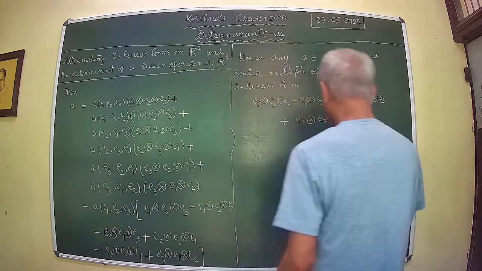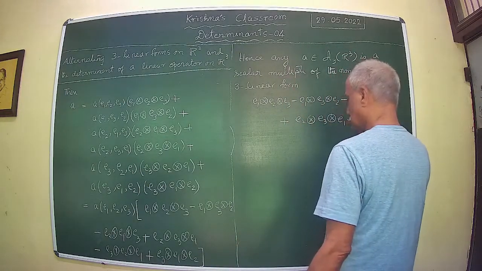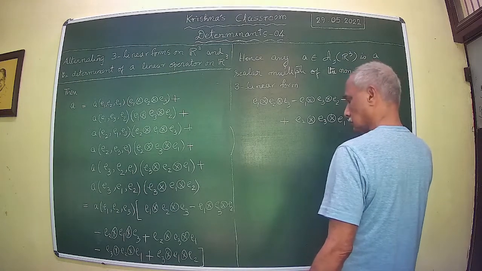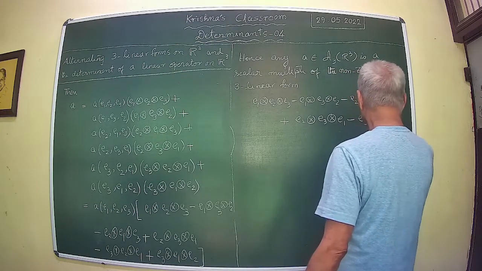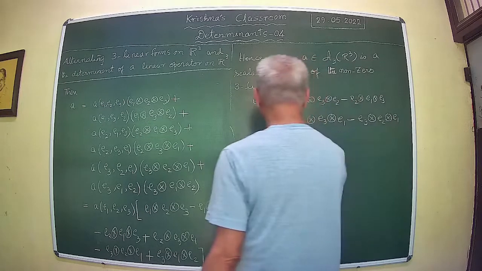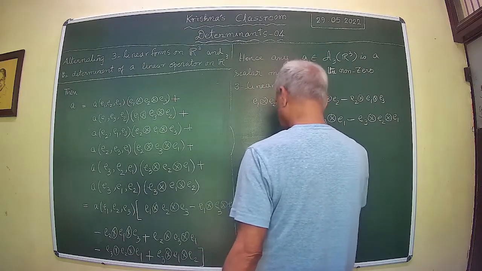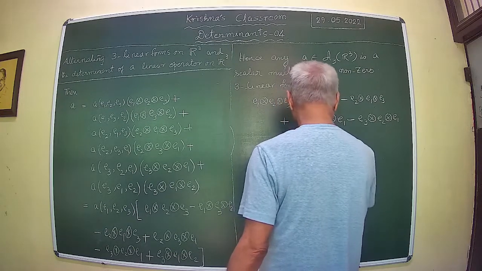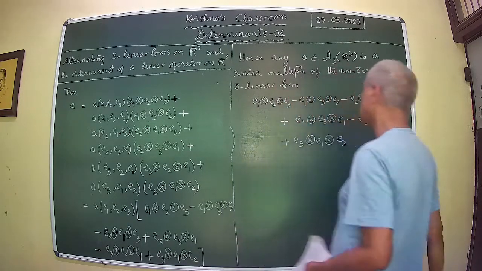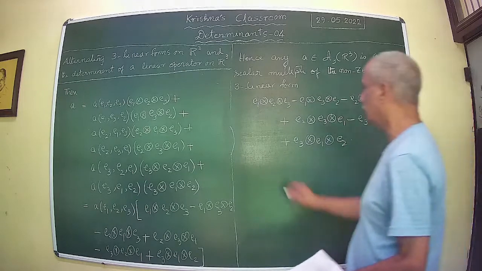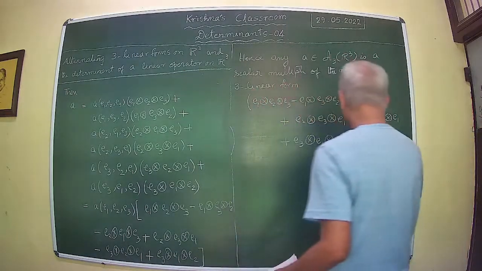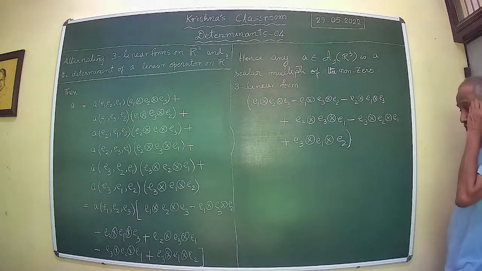B1 minus... so this is a non-zero alternating three-linear form.